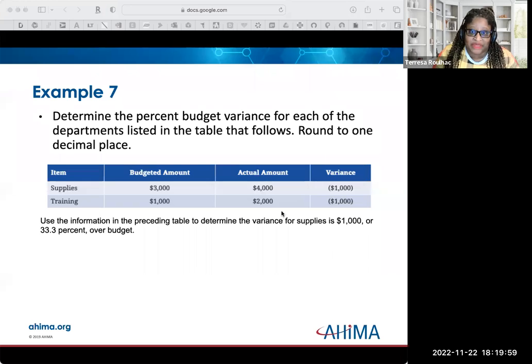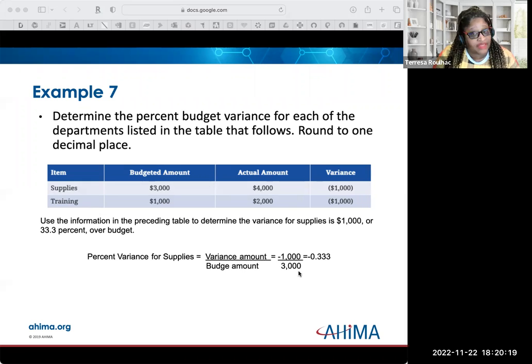So what are we going to do with this information? We're going to use the information in the table to determine the variance for each one. Now for supplies, we had a variance amount of 1,000. We take the 1,000 divided by 3,000, which gives us 0.33, or a negative 33.3%.